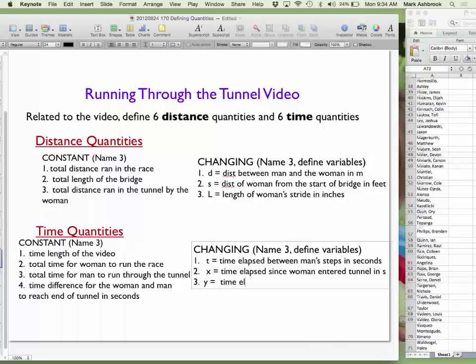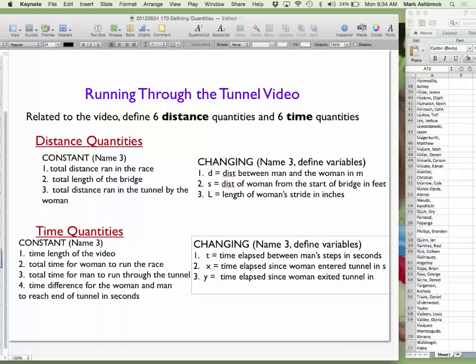Time elapsed since the woman exited the tunnel, in something new. Minutes. Okay, again, so that will take on a tenth of a minute, half a minute, 3 minutes, 4 minutes.